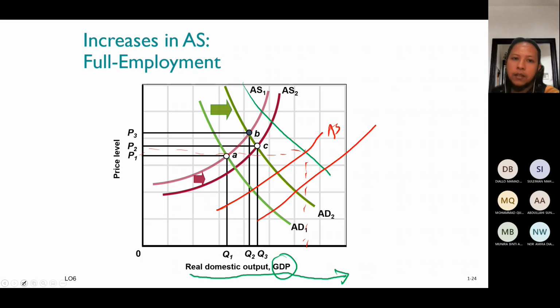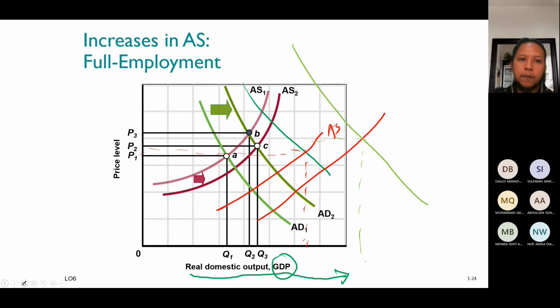And if you shift further to the right, the GDP progressively increases. So this is the aim of the economy. You want to demand more, but also supply more.